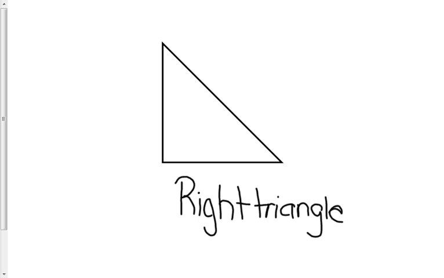This is a right triangle, and it's called a right triangle because, as you can see, it has only one right angle, and the rest are all acute angles.